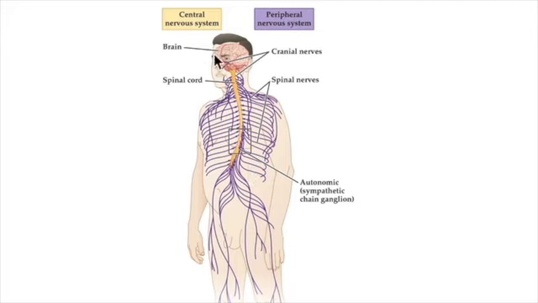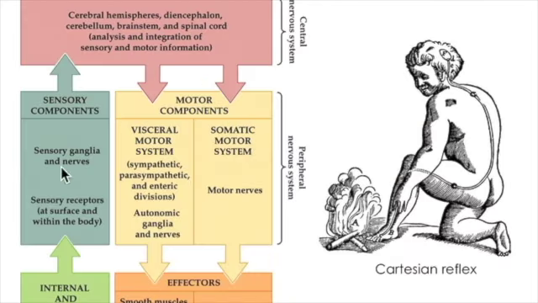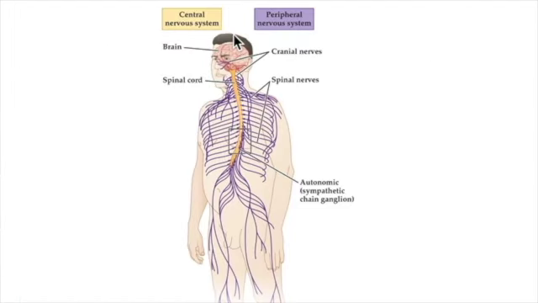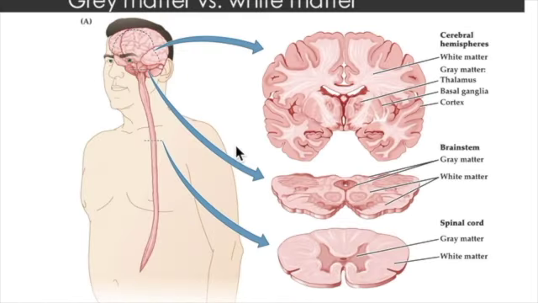So this interplay between the CNS, the central nervous system, and the PNS, the peripheral nervous system, basically acts out this input-output process. Now, if we zoom in on the central nervous system, right, you can see certain key structures of the CNS, and that includes gray matter and white matter.